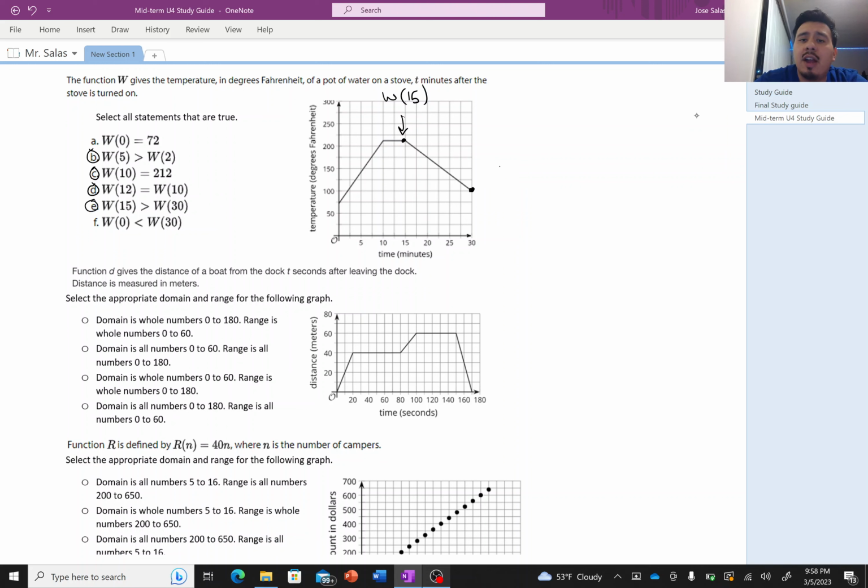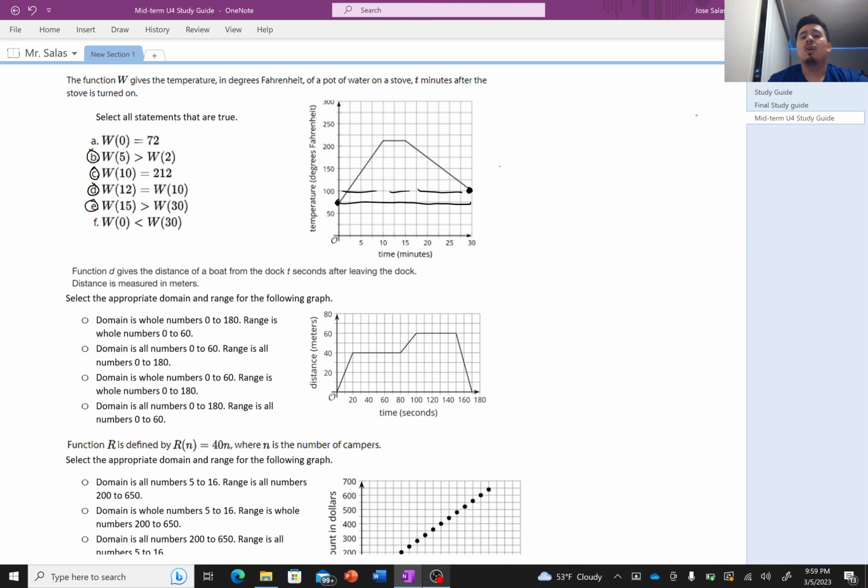Now let's check out F. We can't automatically say that one is wrong or true, because we still have to check all our options. W of 0 is less than W of 30. If you look, W of 0 is on this bottom line, whereas W of 30 is on this top line.